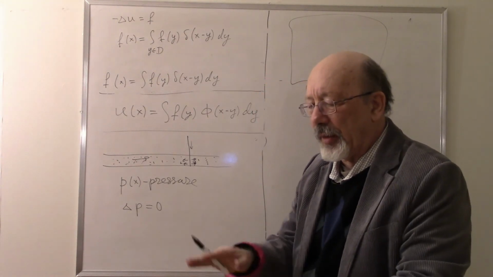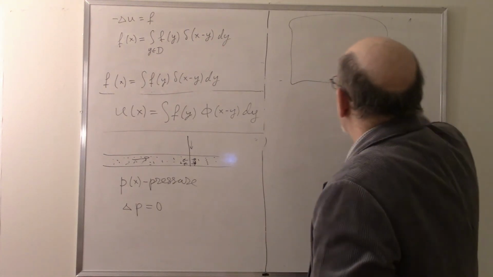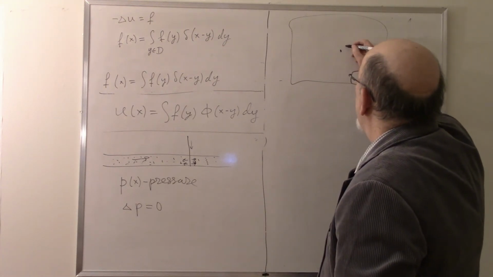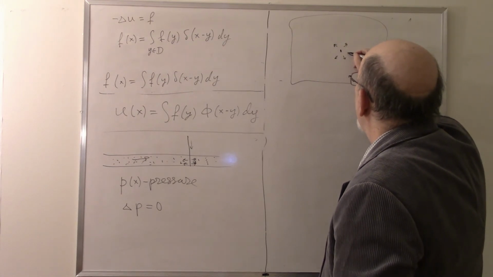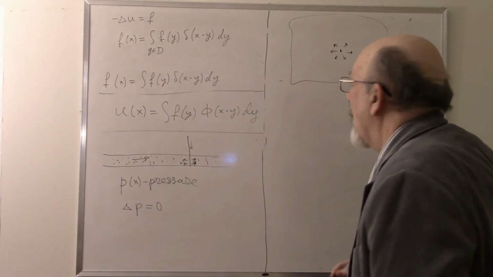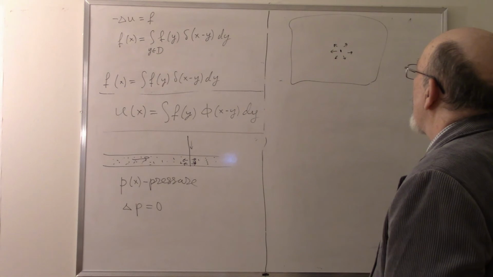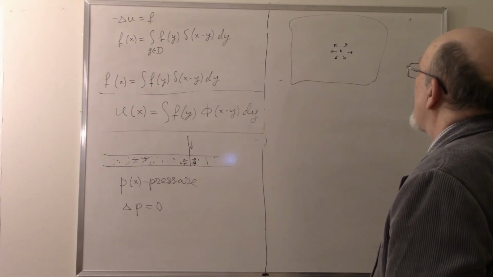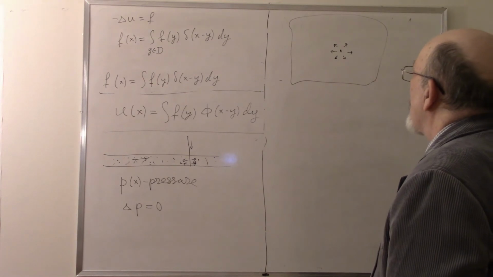I assume that the layer is thin, so all the motions are horizontal. And here is the well, and fluid is moving out of the well. What is the pressure, how does it behave?